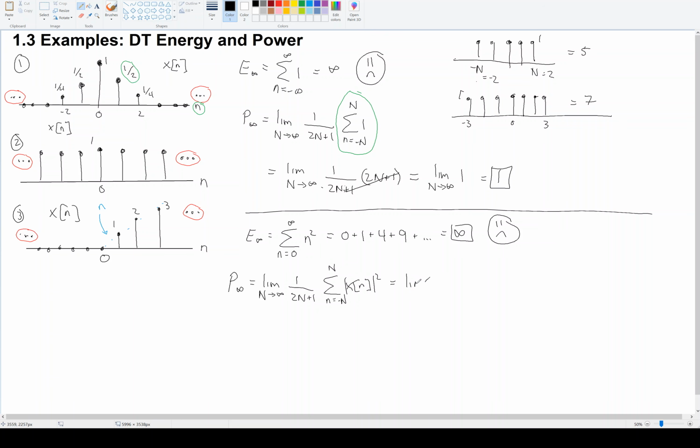Now, I have to work on that sum a little bit. For negative values of n, the signal is 0, so it contributes nothing to the sum. So I might as well just take 0 to N, and in that range, again, my signal is n, so when I square it, it becomes n squared.